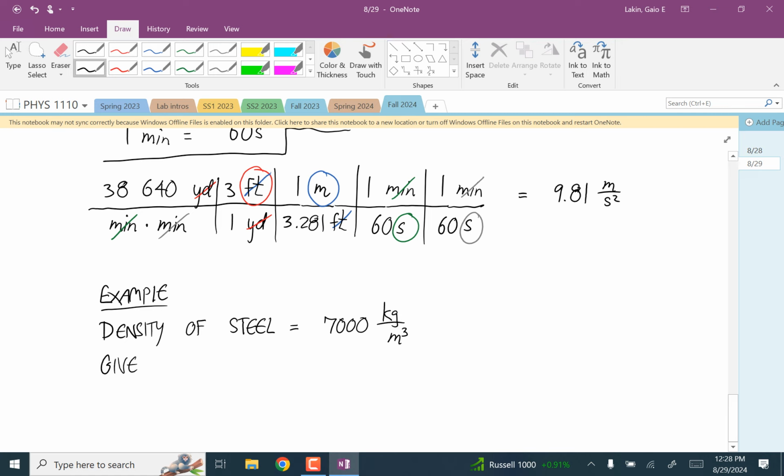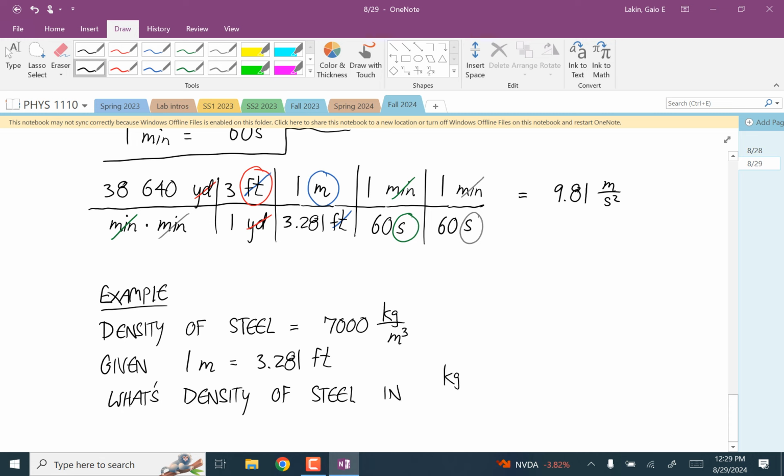And if you're given that 1 meter is 3.281 feet, the question is, what's the density of steel in kilograms per cubic foot?